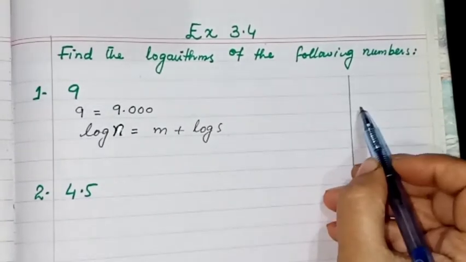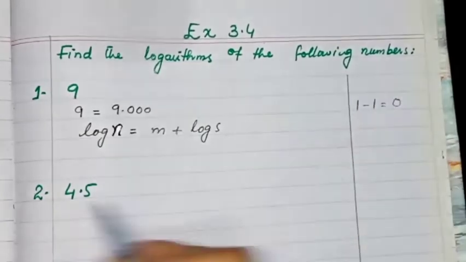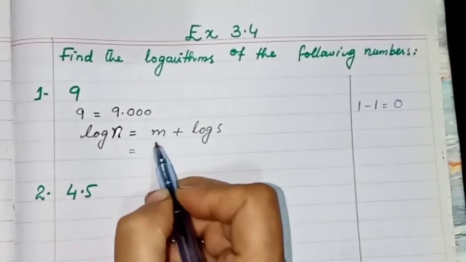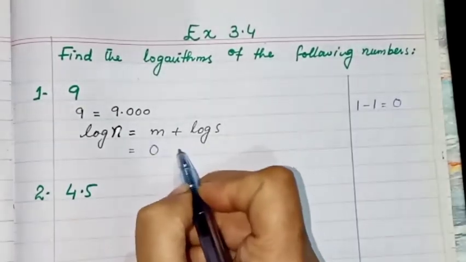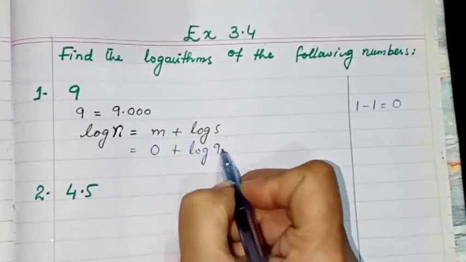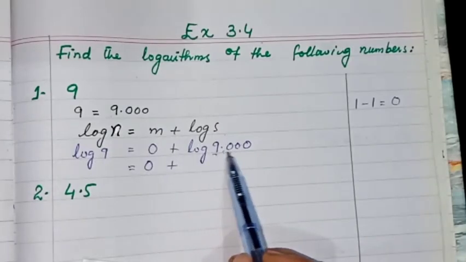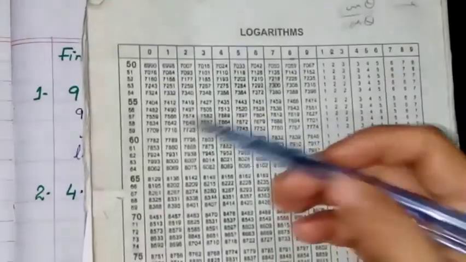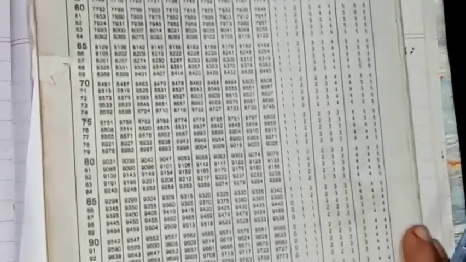So we have to write 1 minus 1, that is equal to 0. So in the place of m, we have to write 0, and for log of s we have to write log of 9.000. Ignore the decimal and take the first two digits for this column of the logarithm table. So I am going towards the 90.